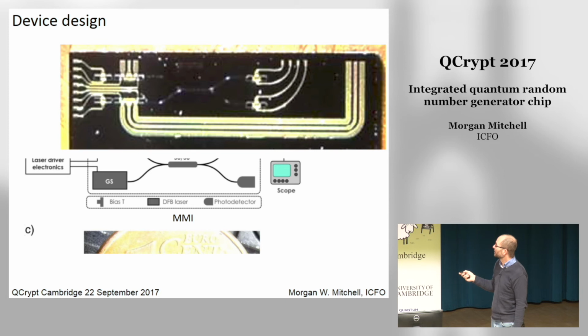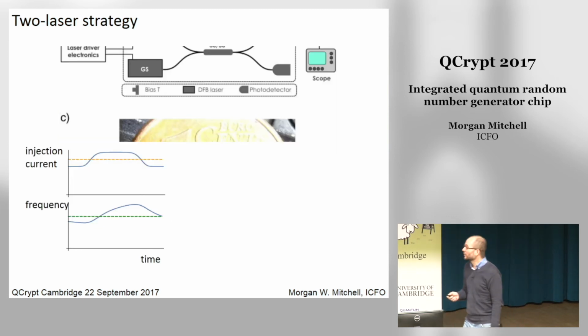There is a Bragg grating here to provide external feedback and thus to tune the laser. Then what you have here is waveguides which bring this laser output, and there's a second laser here, to a multimode interferometer. Then the interference is detected by these photodetectors, which then go off chip and are digitized.